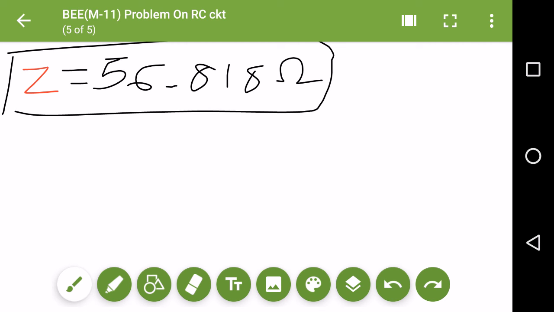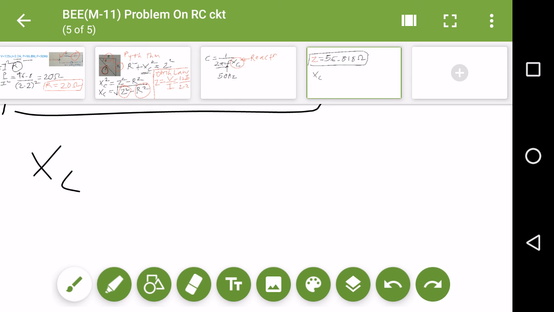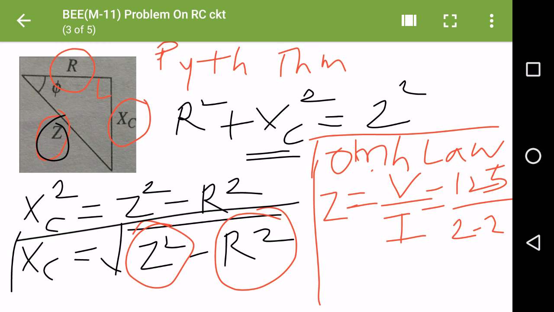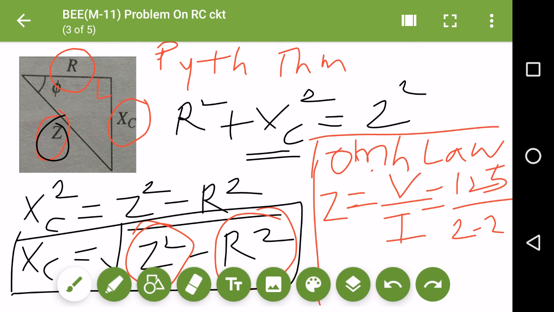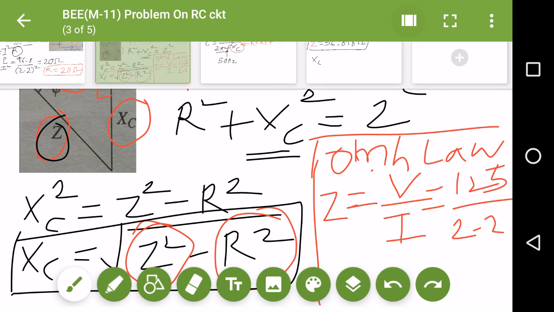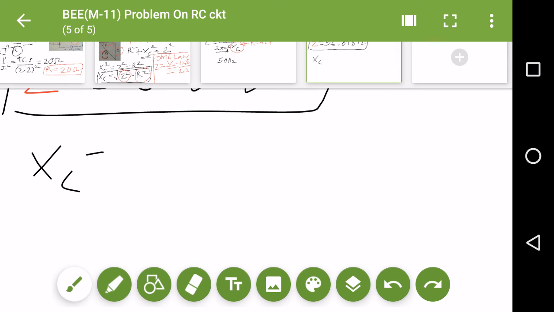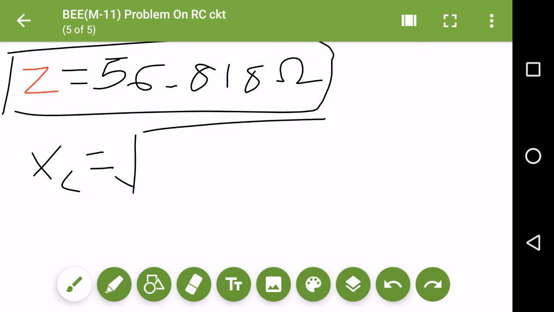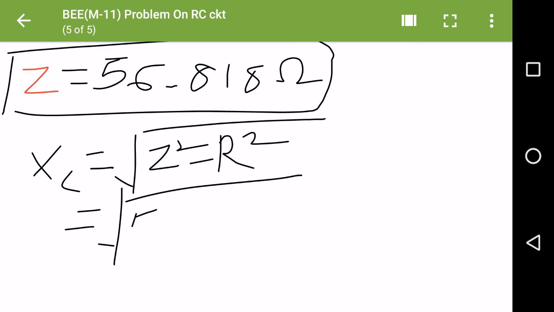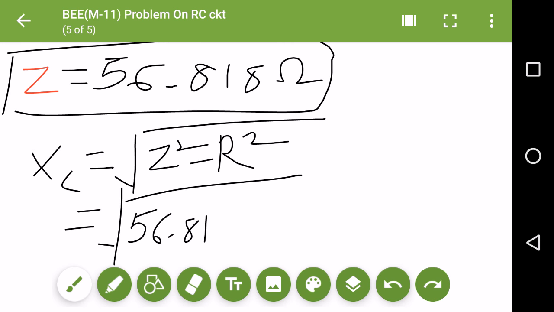I have the value of resistance and I have the value of impedance. Now it is just a matter of solving the Xc equation, putting in the values of R and Z. So Xc equals the under root of Z square minus R square, that is the under root of 56.818 square minus 20 square.